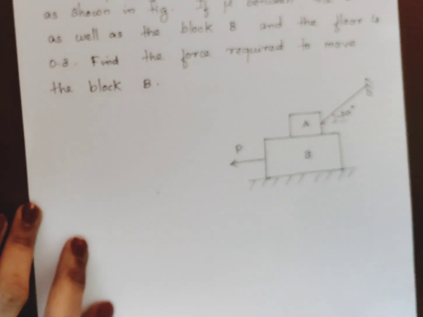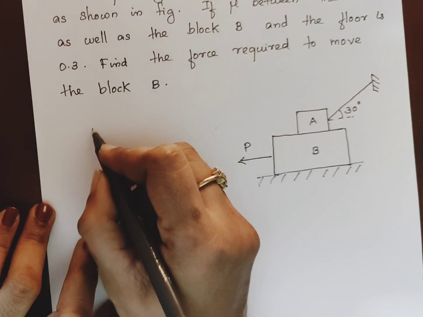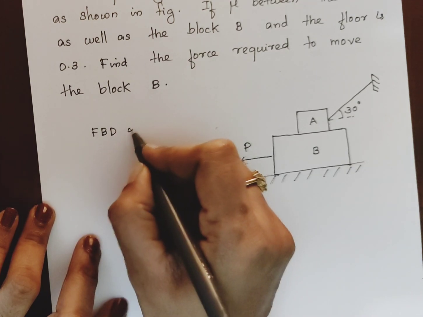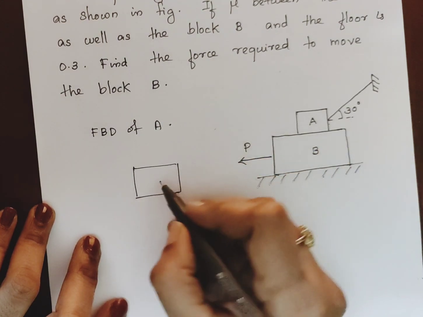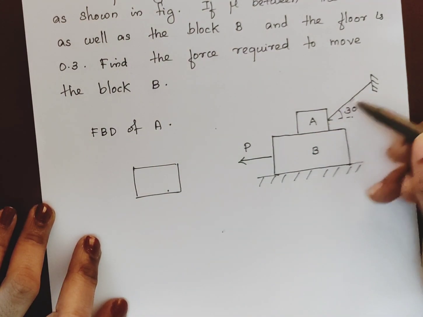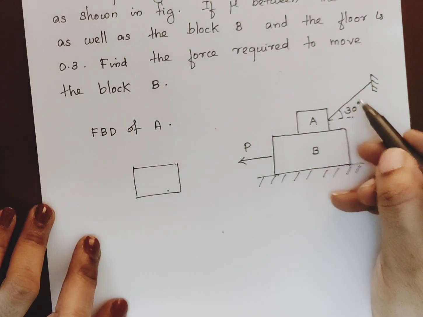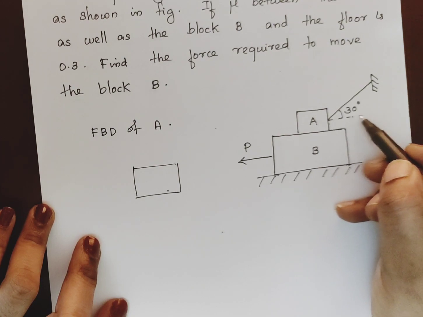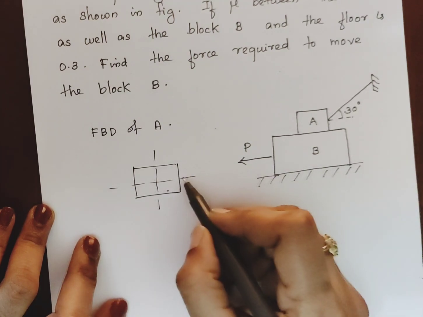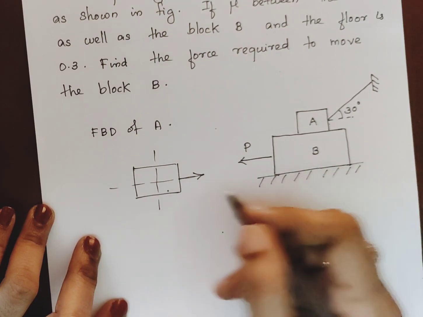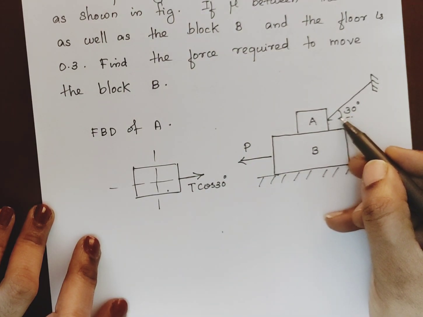So first we will do the analysis of block A. Free body diagram of A. The block A is connected with a string, so tension is developed inside the string. You have to resolve the tension along the x and y direction. So this is your y direction and this is your x direction. The component of tension along the horizontal direction is T cos 30, as 30 degree is made with the x axis.